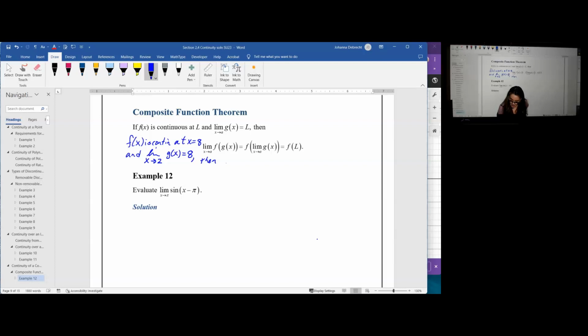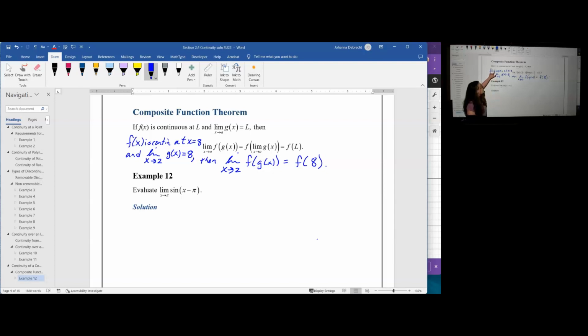Then the limit of the composed function as x approaches 2 of f of g of x is going to be f of 8. All right, let's pull it apart and talk about it again. It is a confusing theorem.